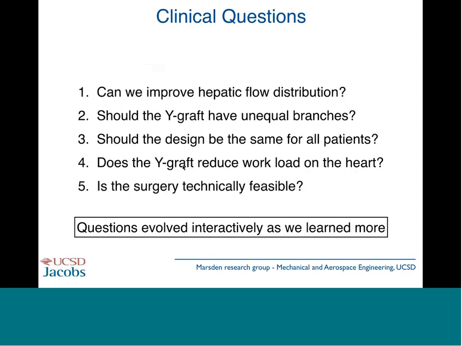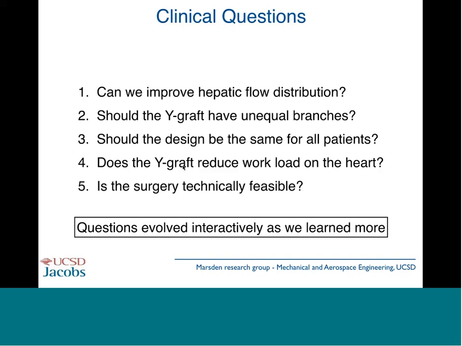The second one really arose out of discussions with the surgeon, Mohan Reddy, who performed the first Y-graft surgeries. As he was constructing the grafts in preparation for the surgery, we started asking questions. Should some patients have a graft with unequal branches? Should all patients have the same design?